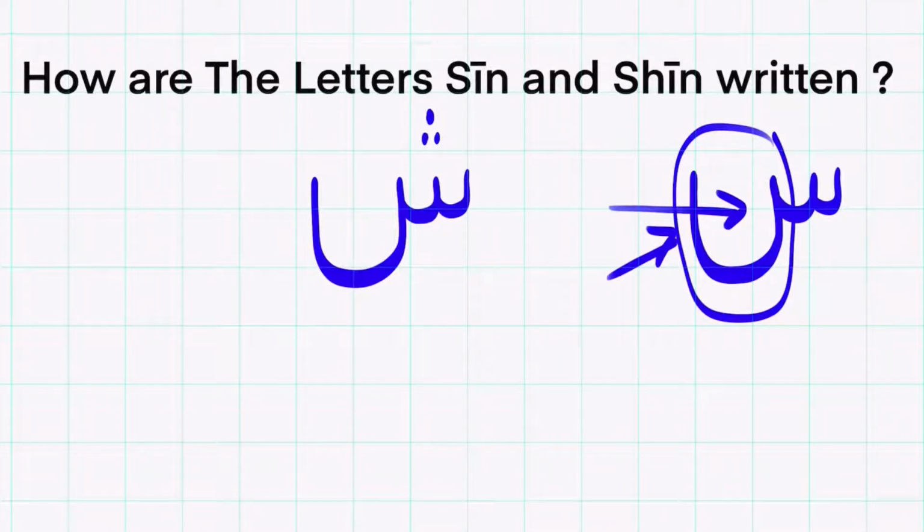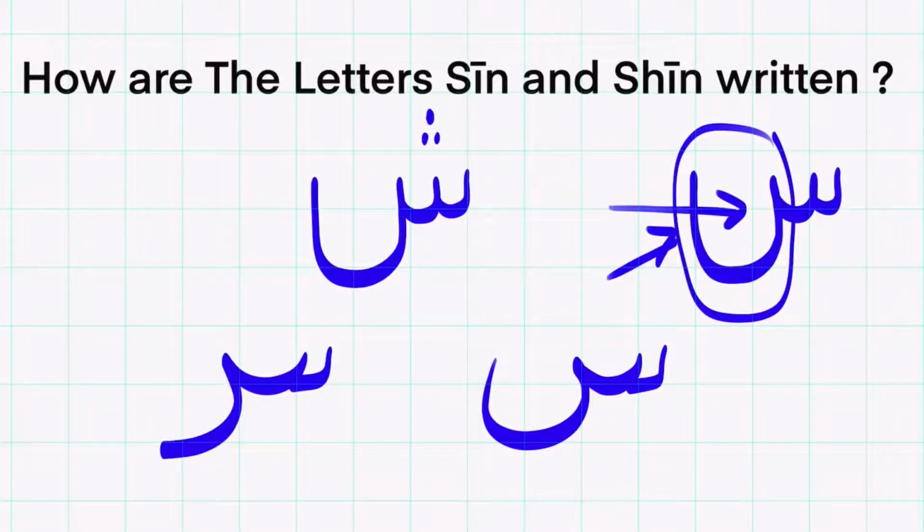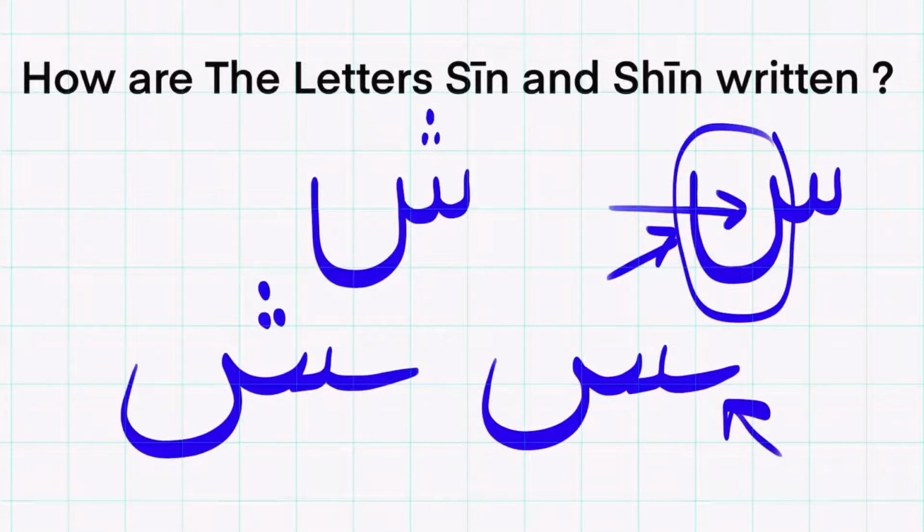If you want to go fancier, you can write it like this: Sīn, Shīn. How about if each one of them is connected to a letter before? Sīn, Shīn. Pause the video and practice.